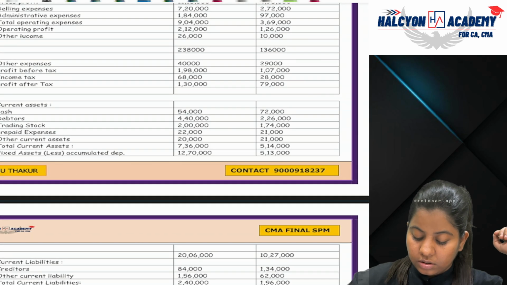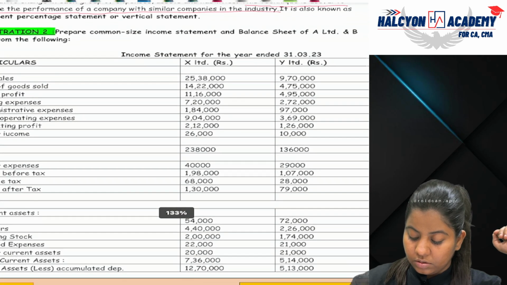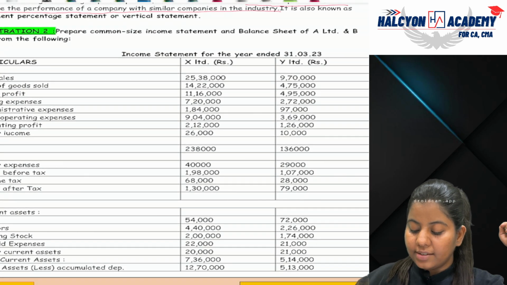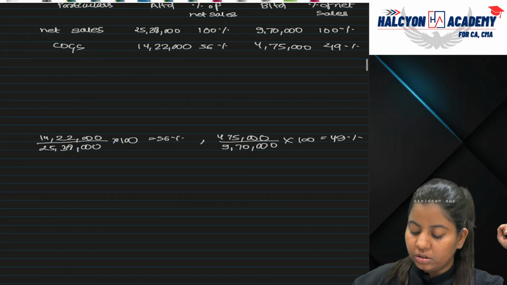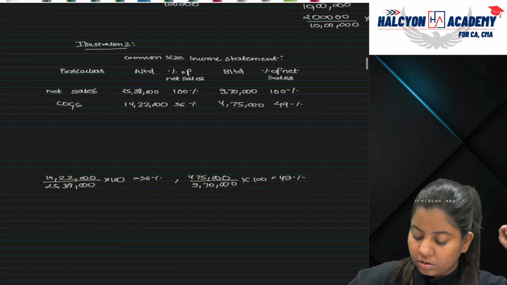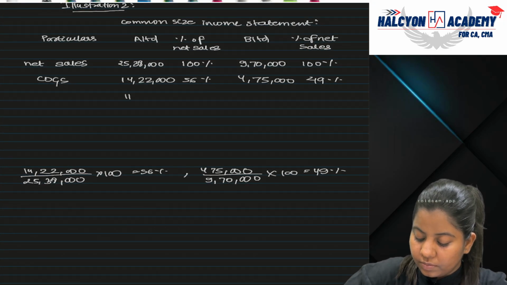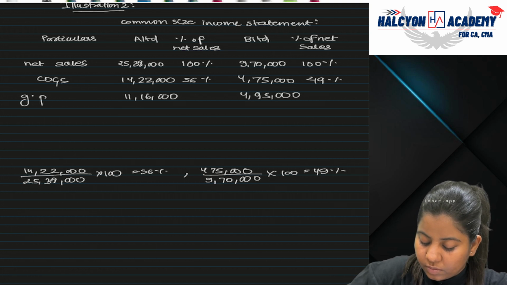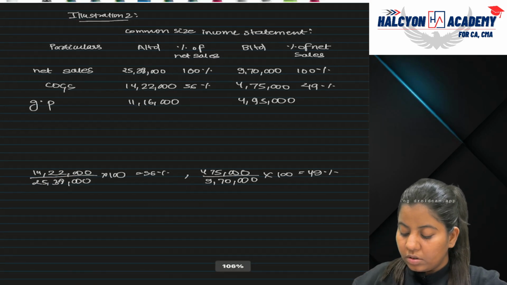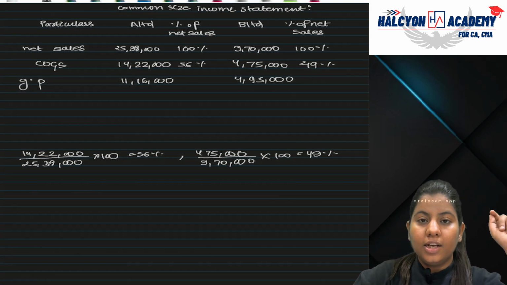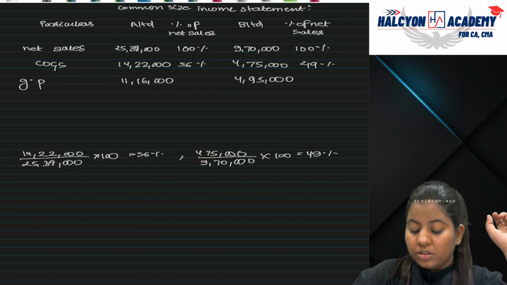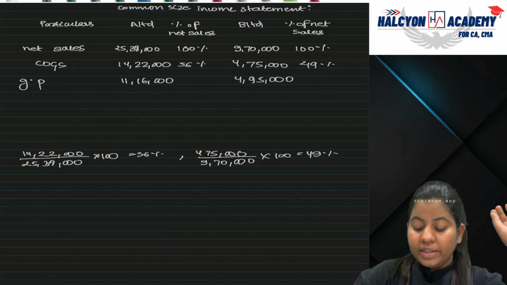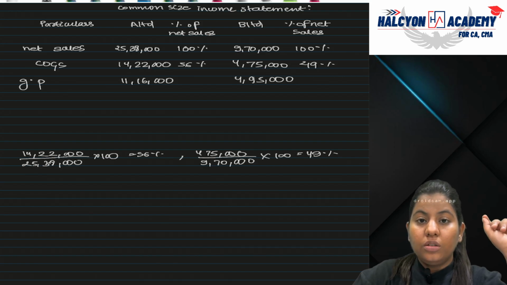Next is gross profit, 11,16,000 and 4,95,000. I am using shortcuts here, cost of goods sold as COGS, gross profit as GP. But please in your examination, don't do this.